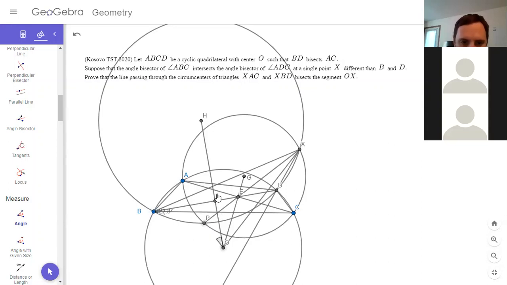I'm kind of just guessing here. No. This is tricky.